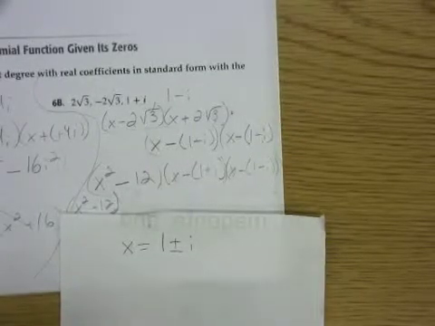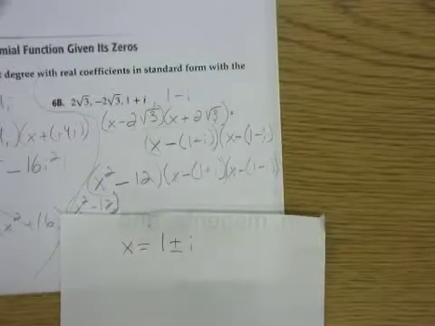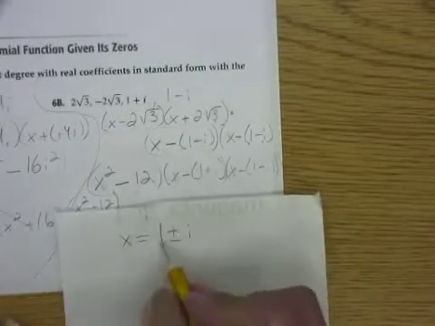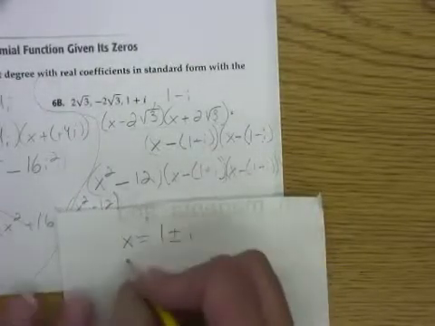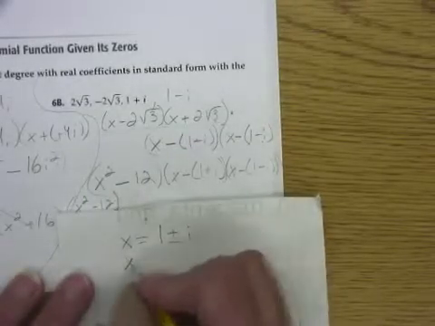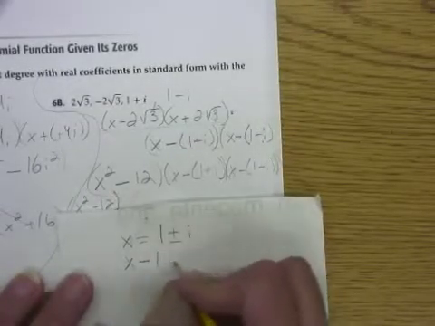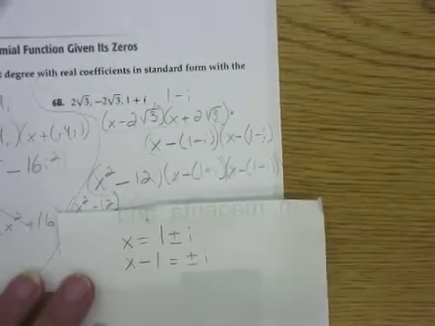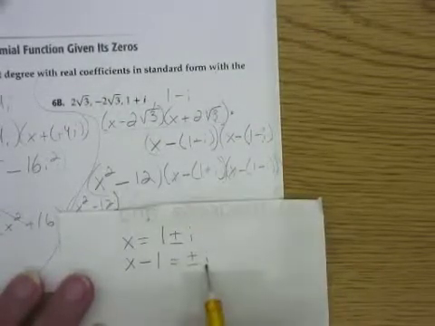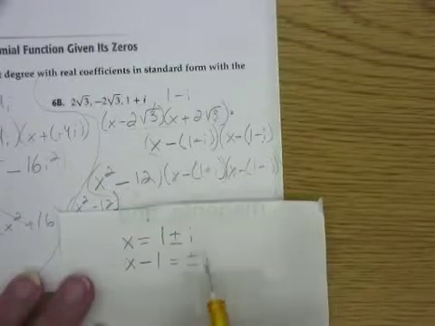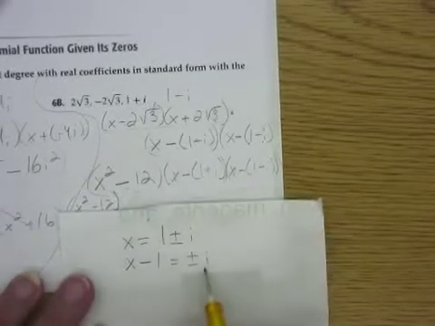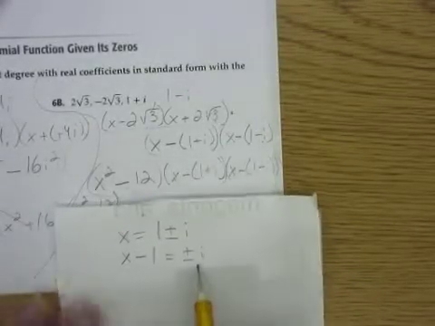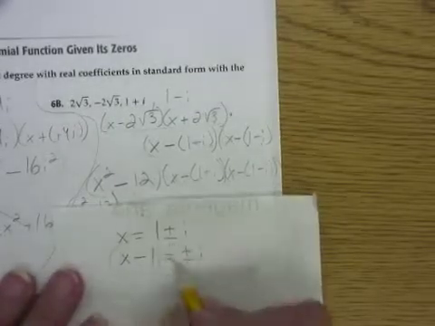So let's try to figure out what that equation might be. So if I subtract 1 from both sides, I get x minus 1 equals positive or negative i. I could take this equation and square it and just have negative 1 over here so that I'm not dealing with that dreadful i.